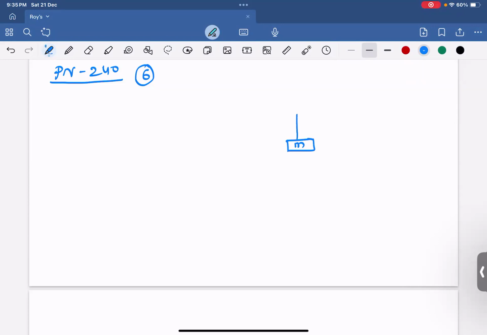So there is a string in which tension is T. The downward force is mg. It is being pulled with some acceleration a equal to g by 3, and it has gone up to distance h.